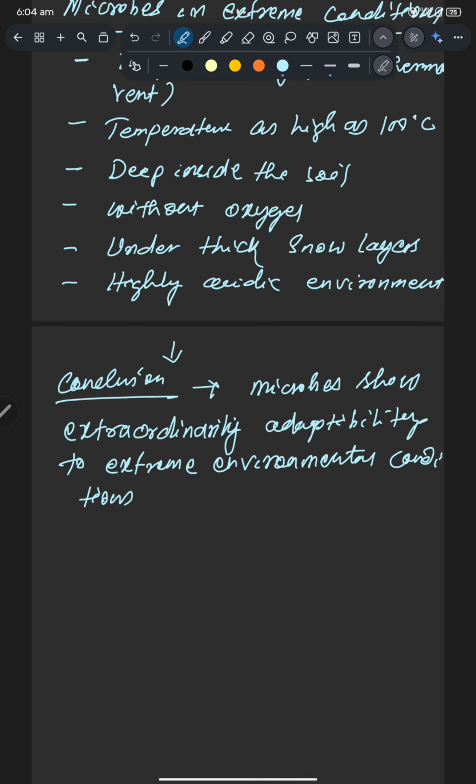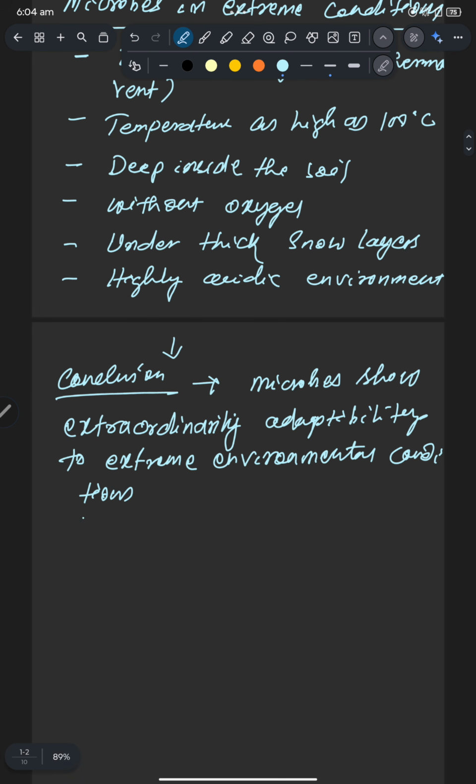Now what are the microbes? In class 8th I think you have studied the grouping of microorganisms.